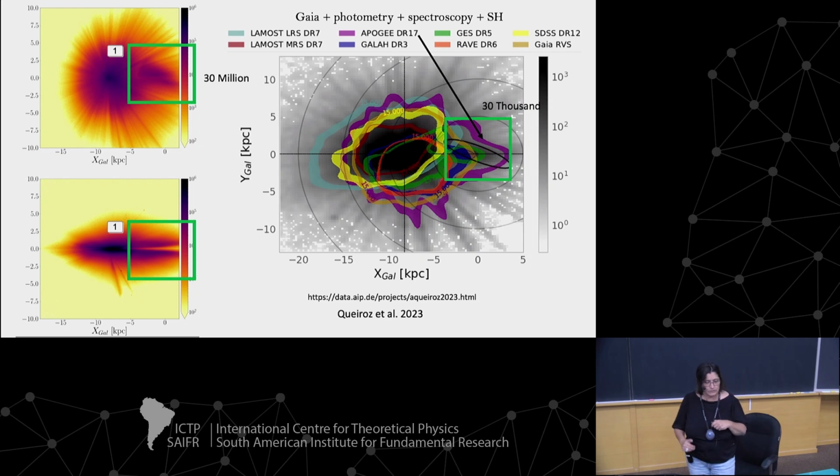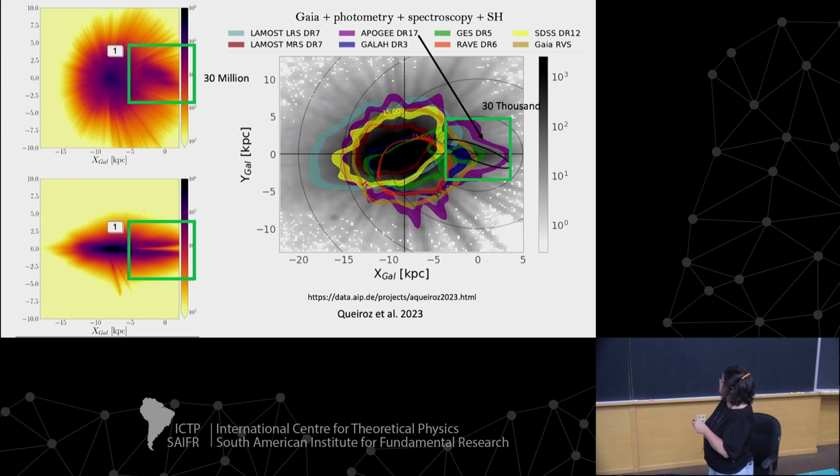Okay, so now I showed you that it was possible to build a map of the Milky Way, of different quality. Depending on your question, you decide if you want to use distance from photometry only and Gaia, or distance from spectroscopy and photometry. So we started from this map, right? And here in this box, in Anders et al. 2022, you have something like 30 million objects.